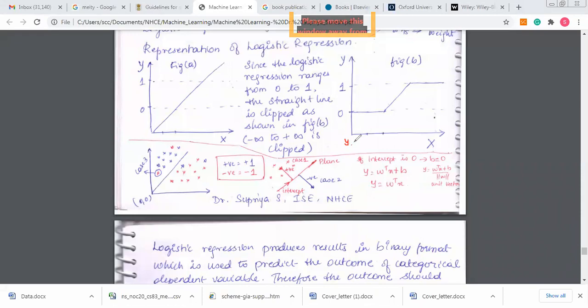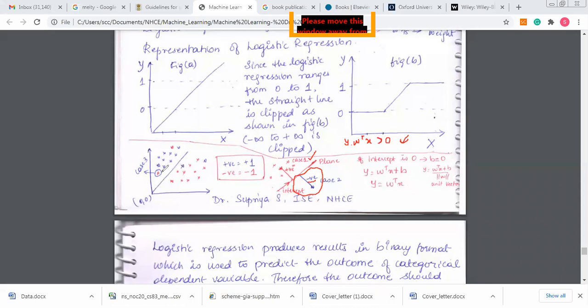Y into W transpose of x greater than 0 means it is correctly classified. In case 1, it was correctly classified. In case 2 also, it's a negative point, and all the points lying below the line are also negative. Negative into negative gave us positive, which means it is greater than 0, so it is correctly classified.